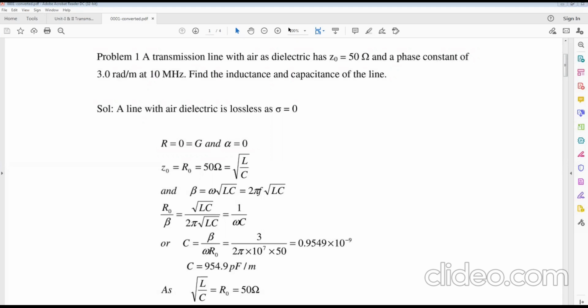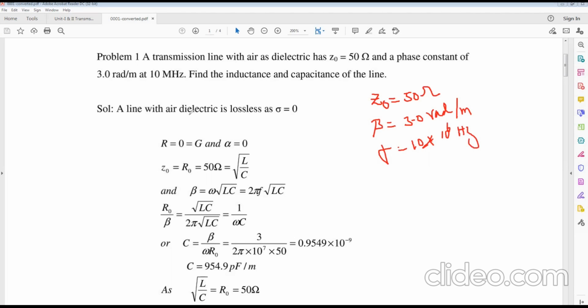The given values are the characteristic impedance Z0, 50 ohms, the phase constant beta, 3.0 radian per meter, and the frequency, 10 megahertz, 10 power 6 hertz, and we must find the inductance and the capacitance.